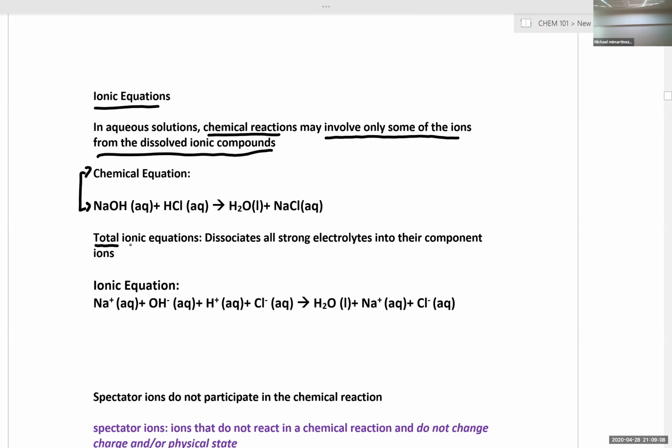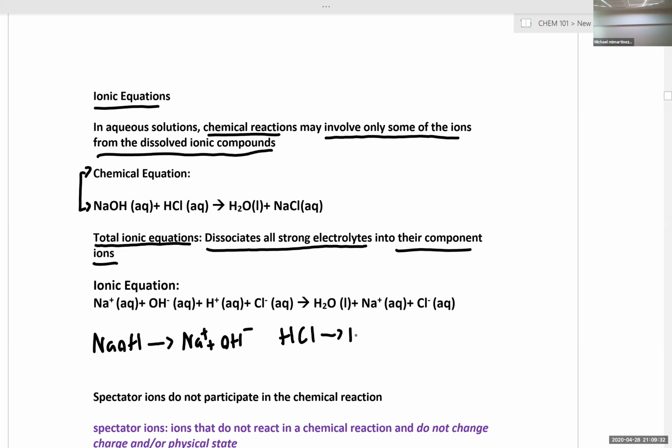A total ionic equation dissociates all strong electrolytes into their component ions. To give you a sense of what's going on here, we took our sodium hydroxide and broke it down into sodium plus and OH minus. We took our hydrochloric acid and broke it down into H plus and Cl minus.